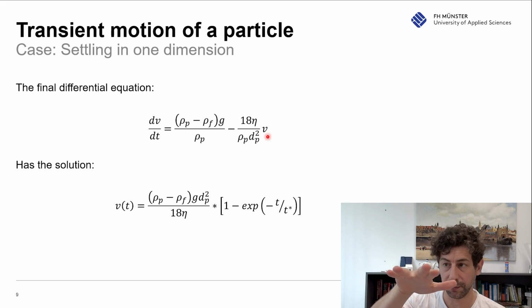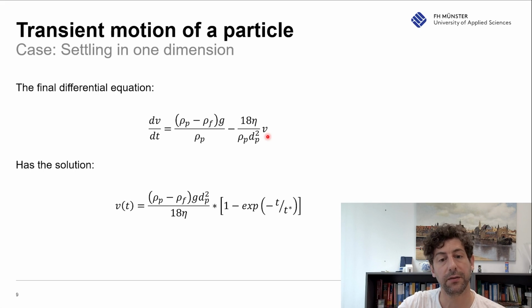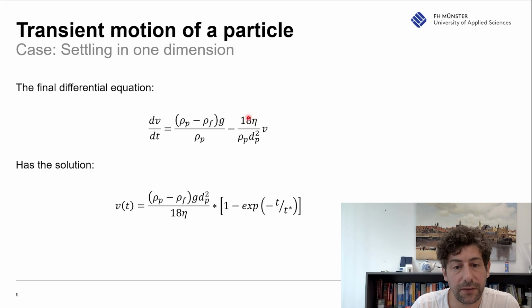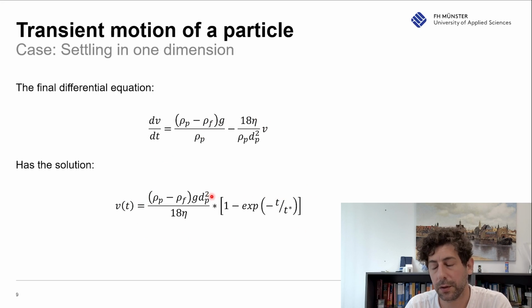So it starts from 0, it accelerates till a final velocity, and this is in this equation. And this equation has the solution, which you see here, okay? So if you want to solve this differential equation, this will be the solution. And if you look a little bit closer at this solution, you see that the first part here looks very familiar, or should look very familiar.